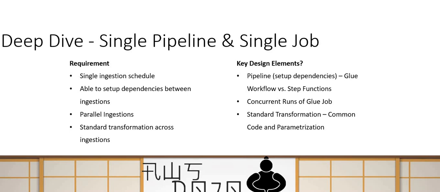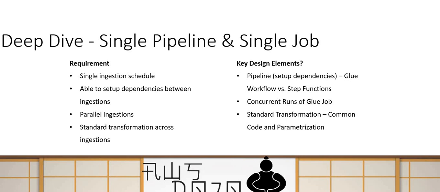And the last one, how do I standardize my transformation with a common code and parameterization? Because even if I take a single scenario, where I'm reading my data from the table, then converting and writing it in Parquet format to a destination, still there are a few variables in place.